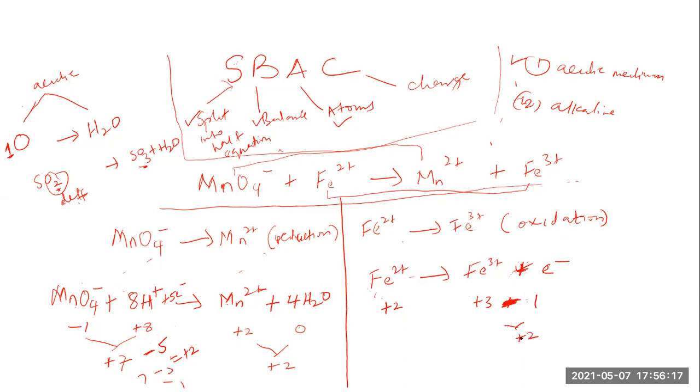Like I said, this is not the only method to solve it, but it will get you started. Now you have balanced atoms, you have balanced charges, but what remains? In redox reaction, the number of electrons gained must be equal to the number of electrons lost.